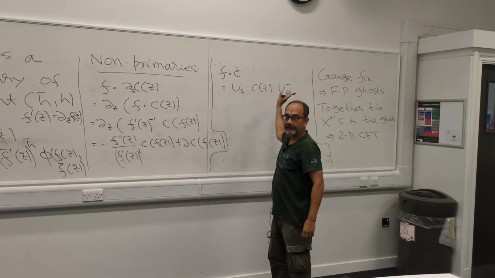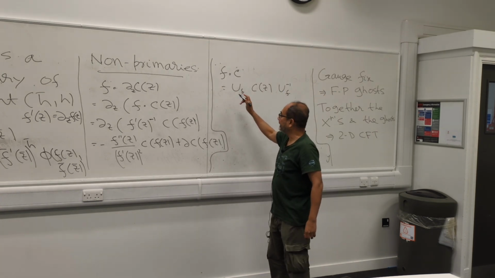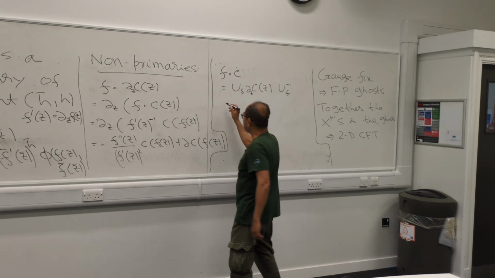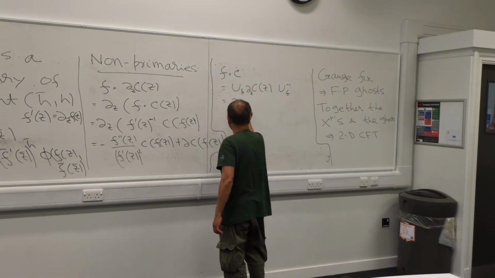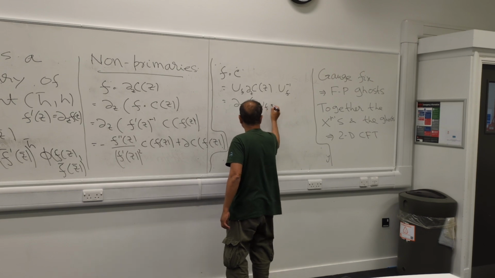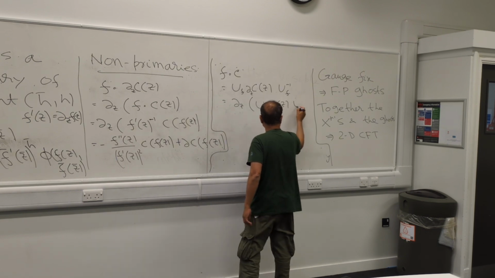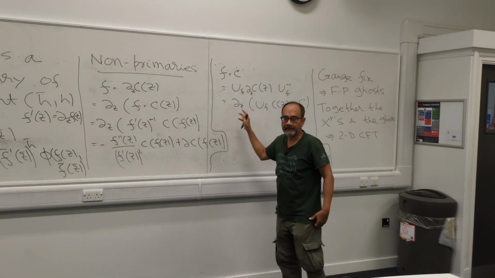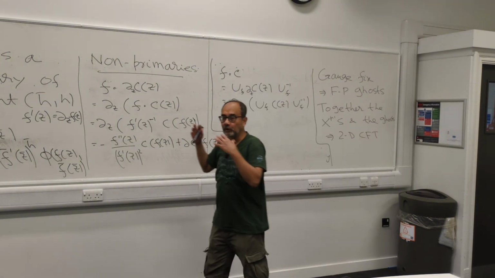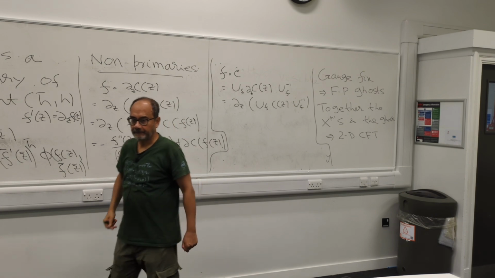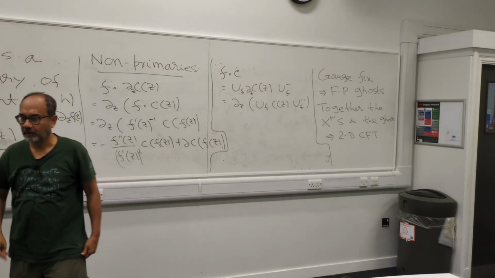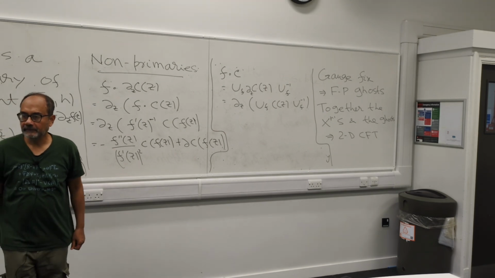It knows nothing about z, and you are taking del z of this. So I can write this as del z of u_f c of z u_f inverse. Think of f as a conjugation by an abstract CFT operator, and then it becomes clear that derivatives with respect to coordinates you can just pull in and out of this. Is that okay?